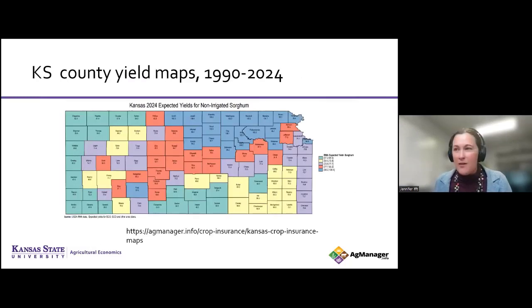Now the issue though is whether your yields are close enough to what's happening at the county level for this to provide effective risk protection. We do have maps of the county level expected yields and actual yields going back to 1990 on Ag Manager. These are the 2024 expected yields for non-irrigated sorghum.